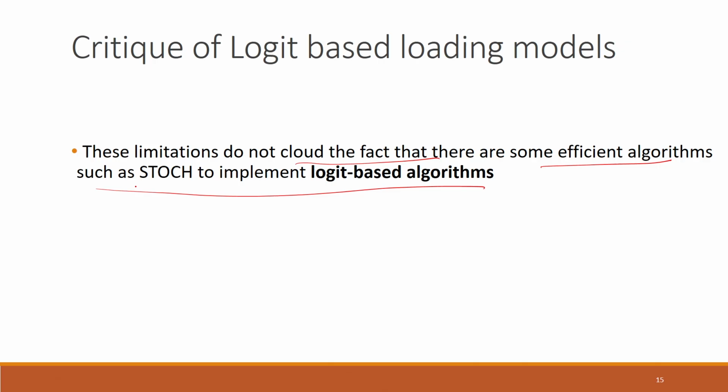So, in the denominator we are summing over all of the paths that are possible between the given OD pair. If we have to go through all of these paths, that is called enumeration. And even listing down all of these paths in a very complex network between a given origin and destination might be a very computationally burdensome process.